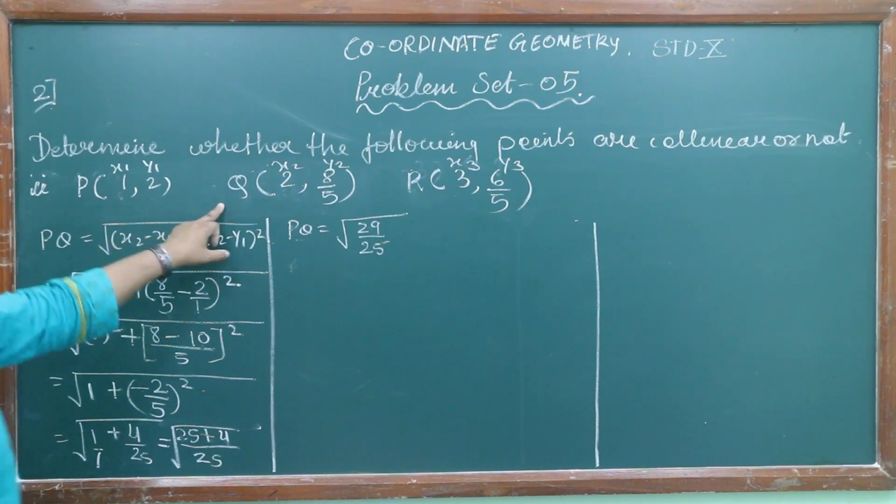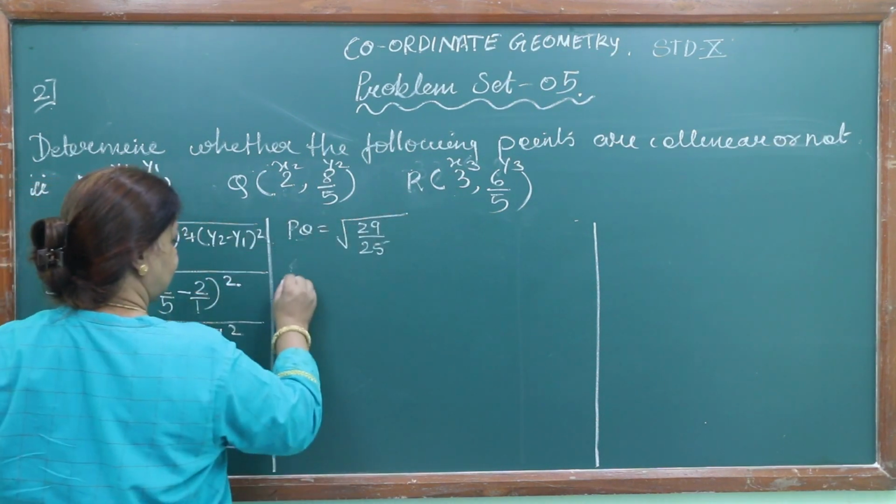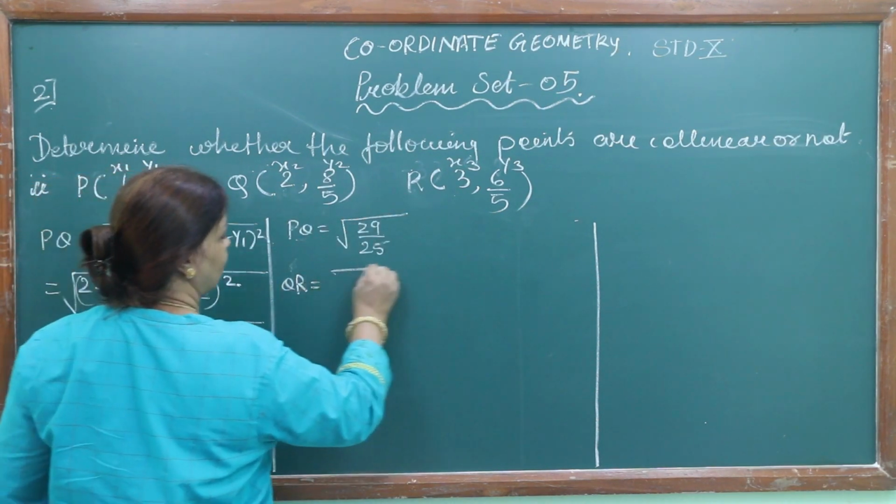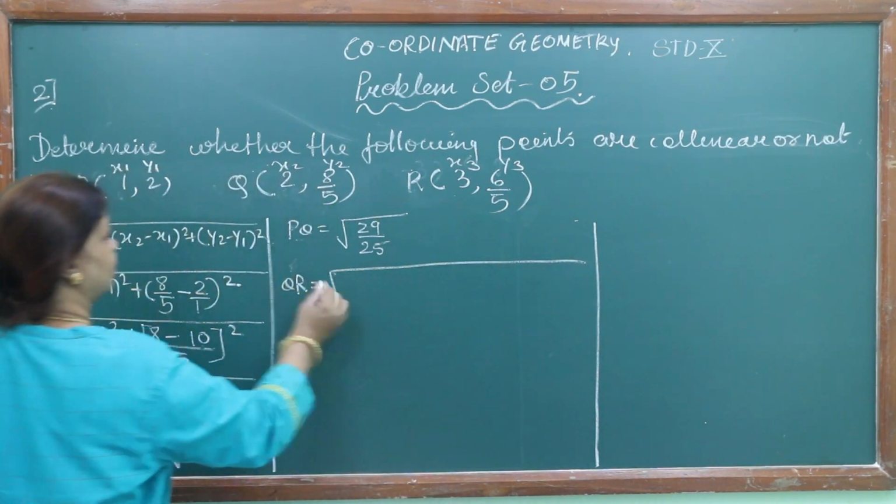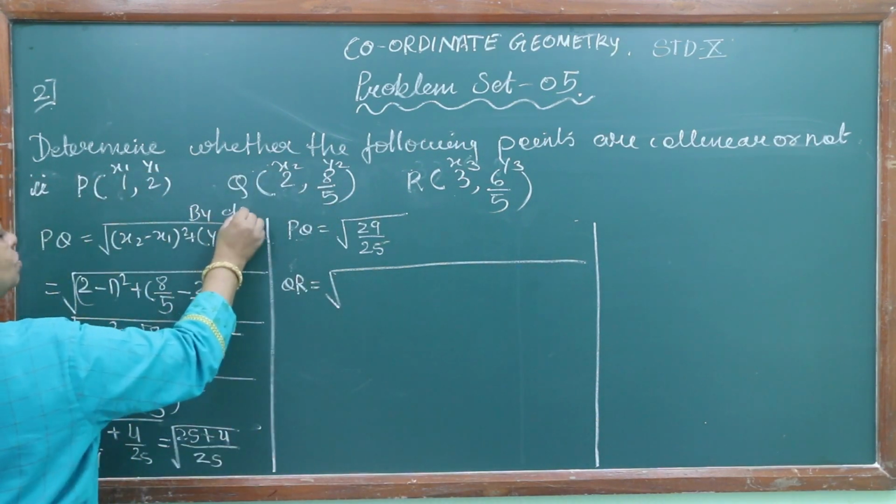Let us find out the QR distance, children, by the distance formula only. By distance formula you need to write down.